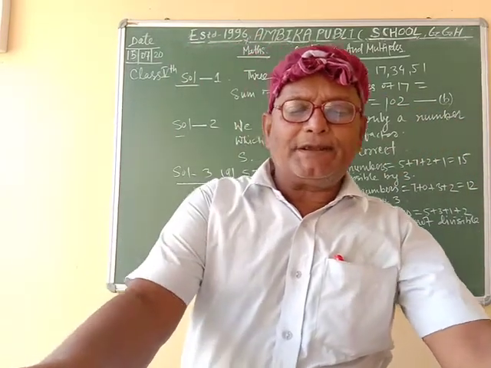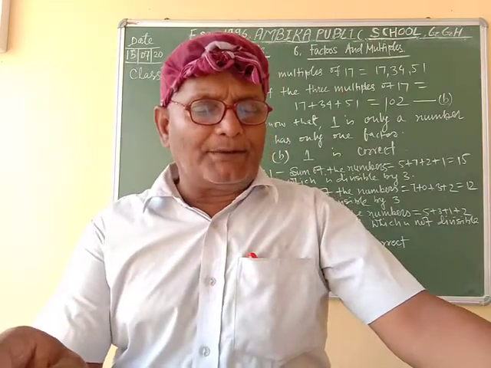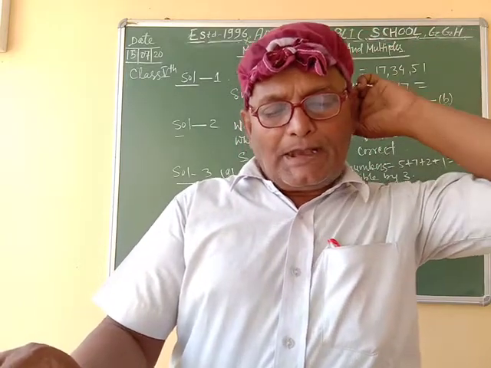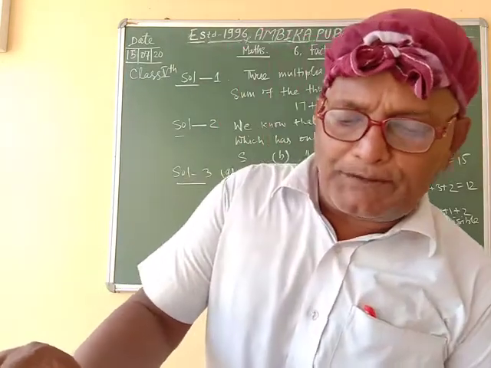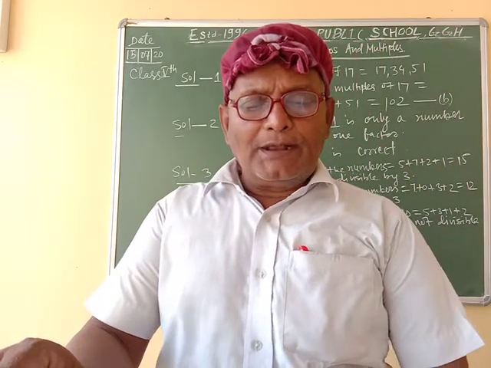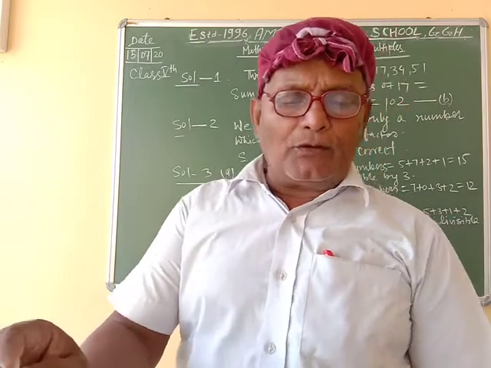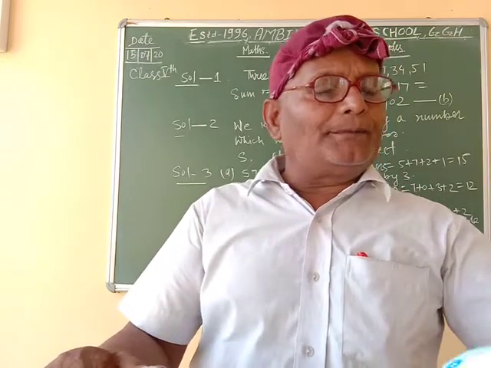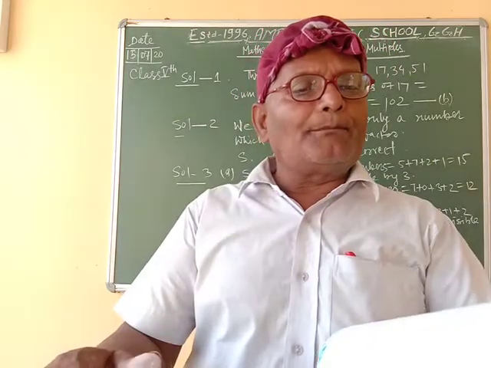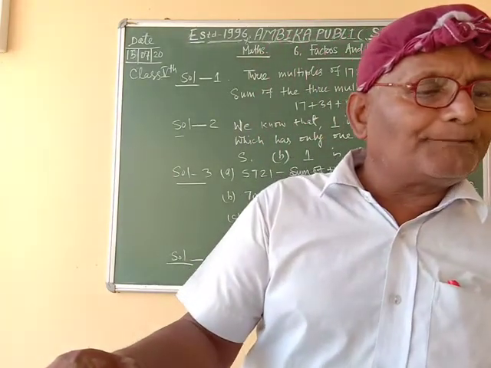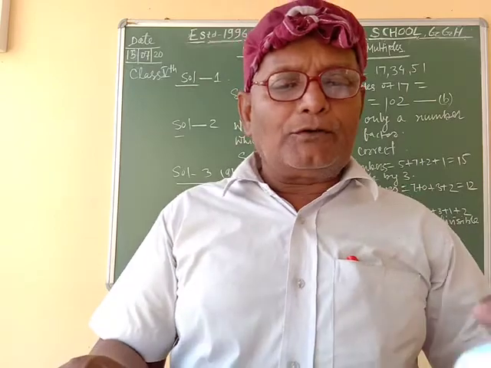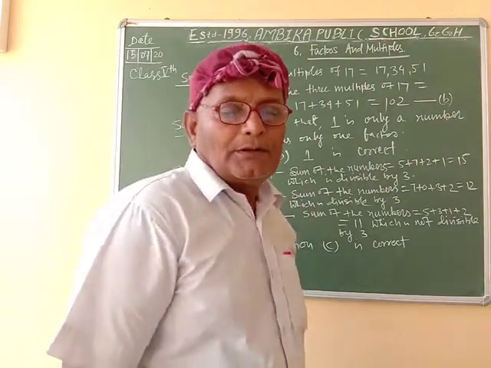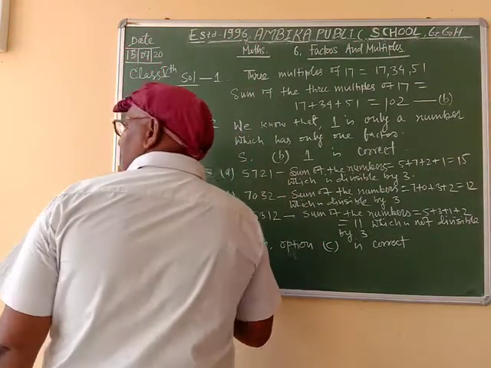We know by the definition of twin prime numbers, if the difference between two consecutive prime numbers is 2, then these numbers are called twin prime numbers.